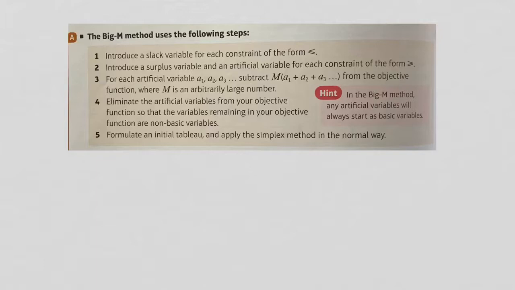Well, what we do here is we subtract M lots of the artificial variables, and by doing so, this ensures that the artificial variables end up being pushed to 0. So M, we don't actually know what the number is, but we just assume that it's a really big number. And that way, these end up getting pushed to 0. So it's the same principle, just a different technique to the two-stage.